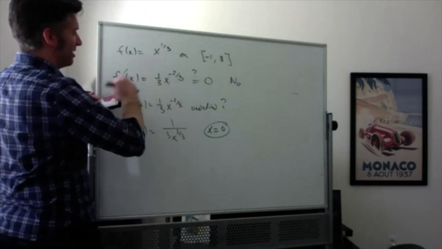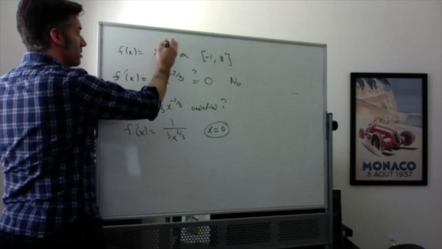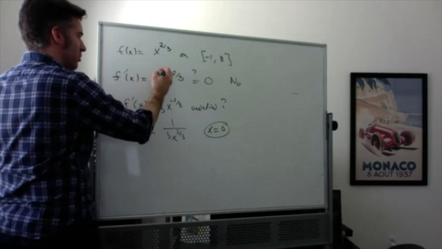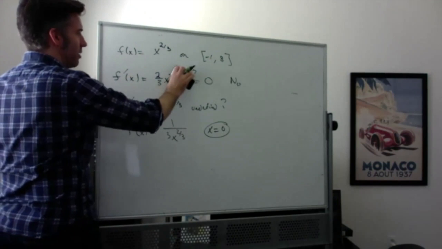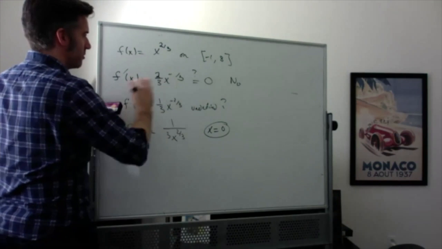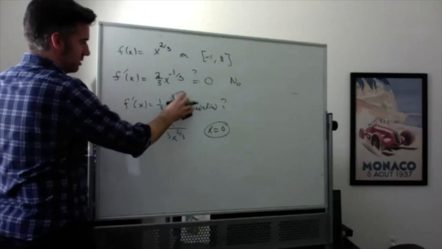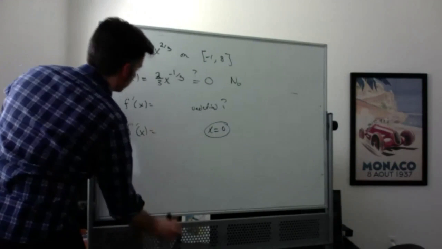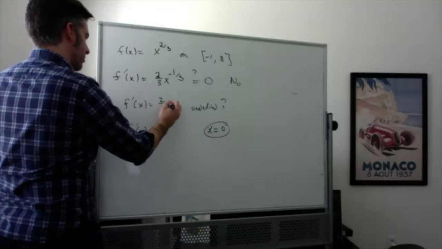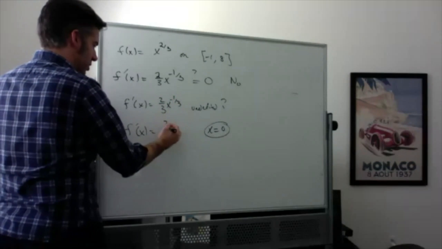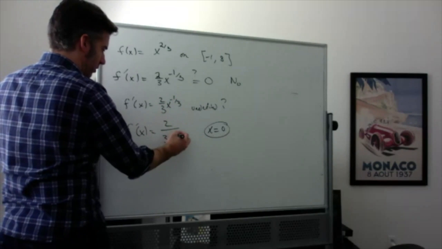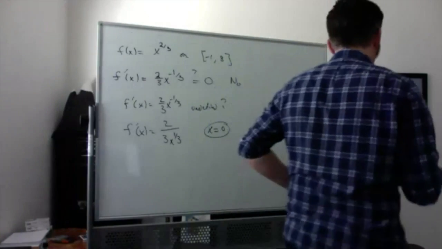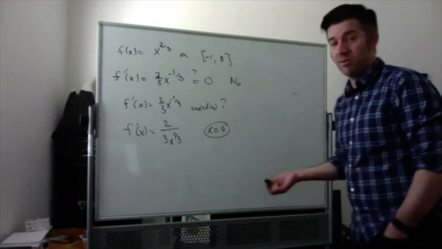I really want to do x to the 2/3, which should have a derivative that is 2/3 x to the negative 1/3. And this is 2/3 over x to the 1/3. It's still undefined at the same point, but it has a different looking graph, and I wanted to point that out. So let's see what's the biggest and what's the smallest.